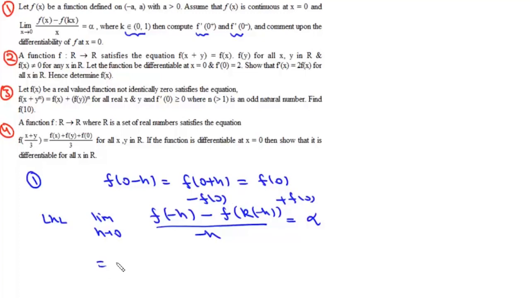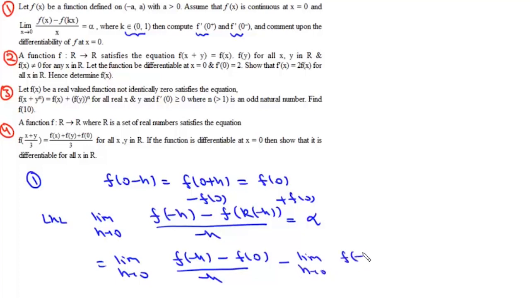Now we can write this as limit h tends to 0, f(-h) minus f(0) upon -h, and then if we take this minus common, it will be limit h tends to 0, f(-kh) minus f(0) upon -h, and this is equal to alpha.